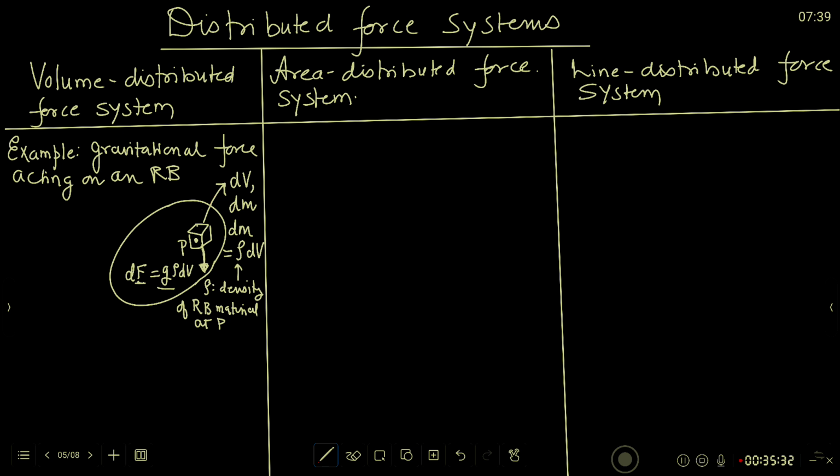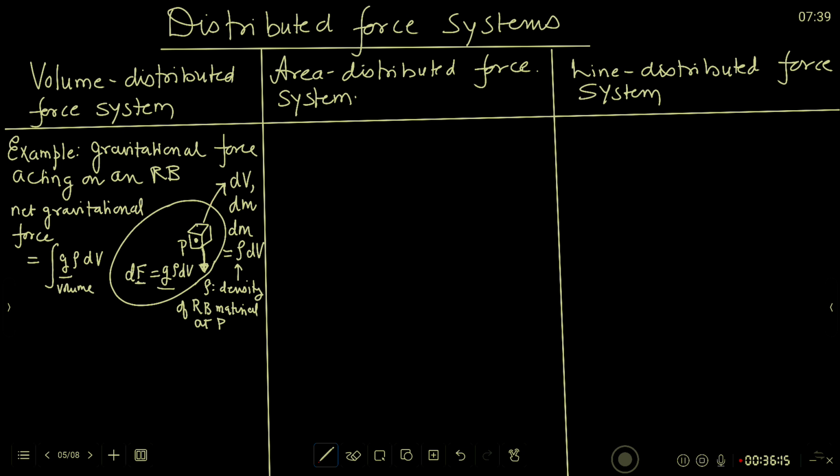If we want to know the net force acting on this RB, the net gravitational force can be found as the integral of g rho dV, a volume integral over the entire body.